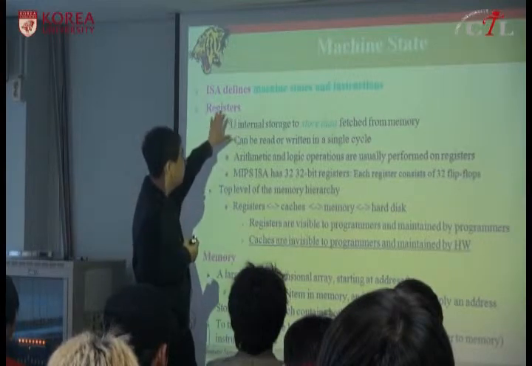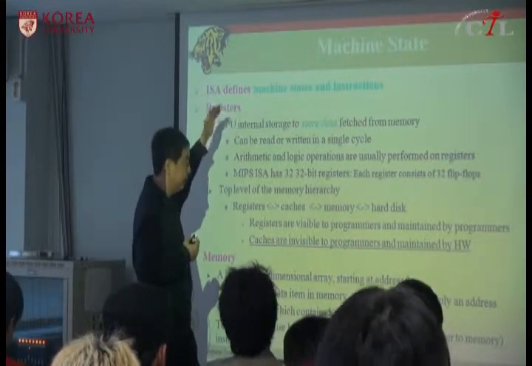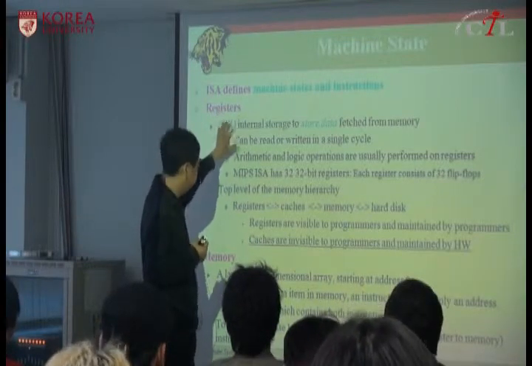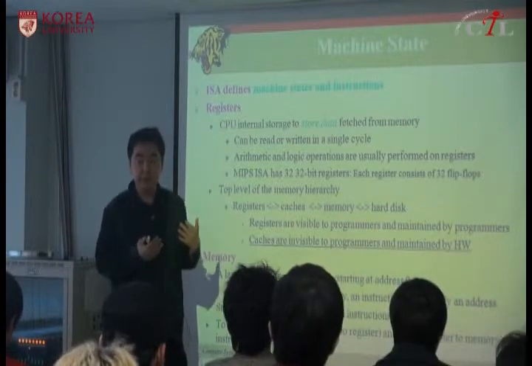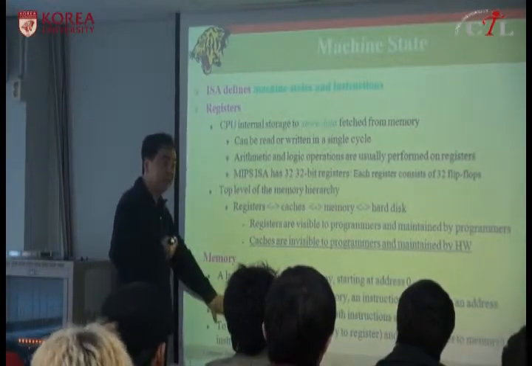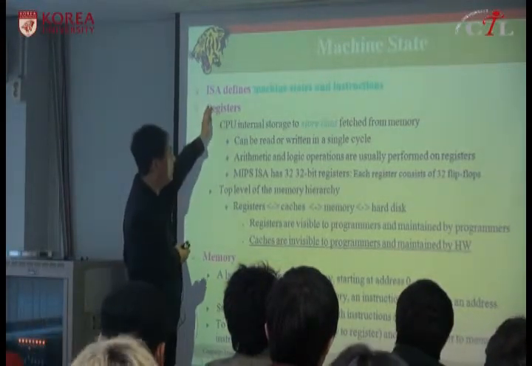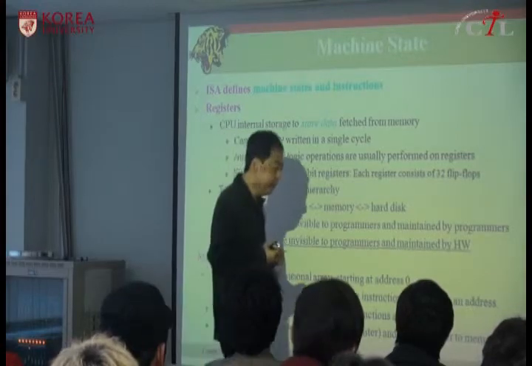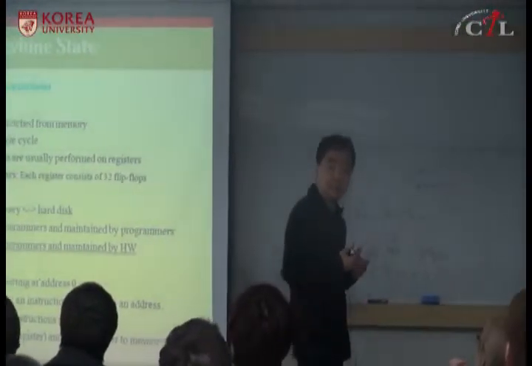So we need to think about machine state, and there are two states. One is register, the other is memory. It's simple, just register and memory. And a machine instruction updates either a register or a memory location. So what is a register? You have studied latches and flip-flops.